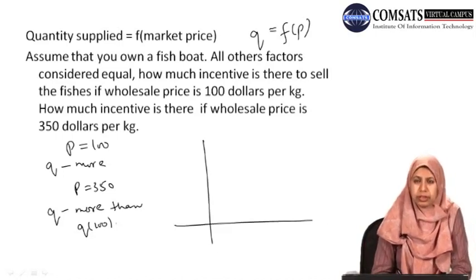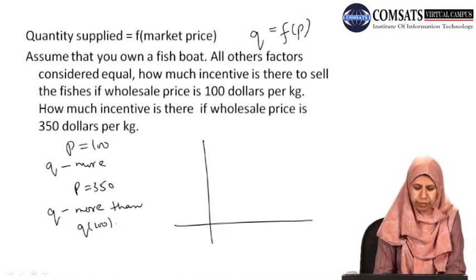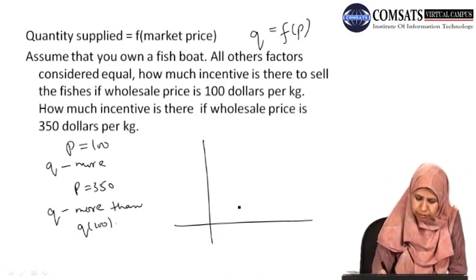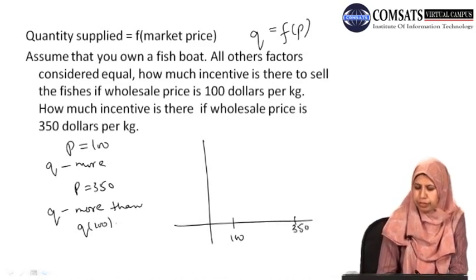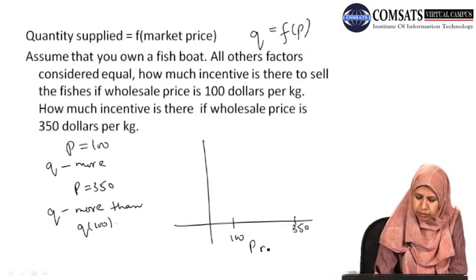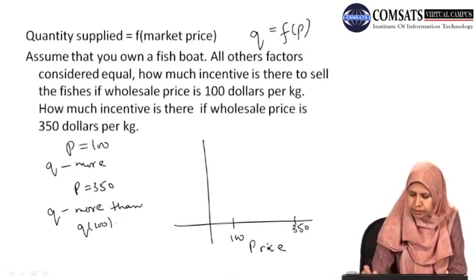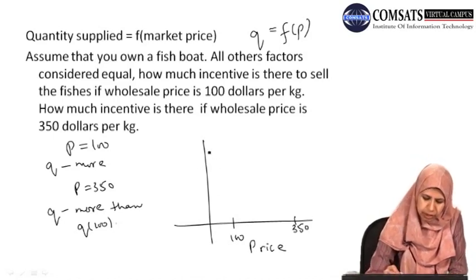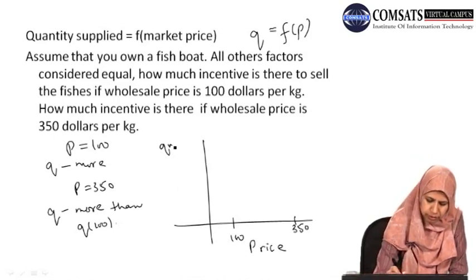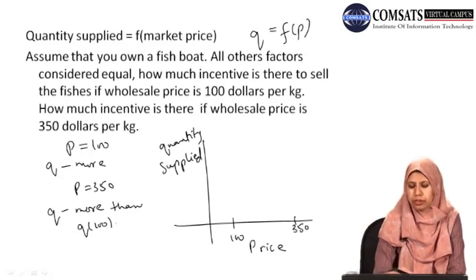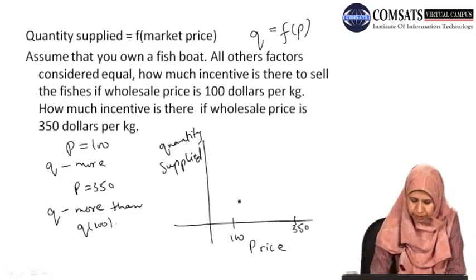What will be the graph in this case of the supply function? If this is 100 and this is 350, again price is on the x-axis, that is the independent variable, and the quantity supplied is on the y-axis, that is the dependent variable.